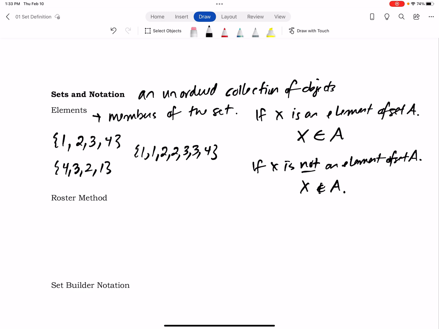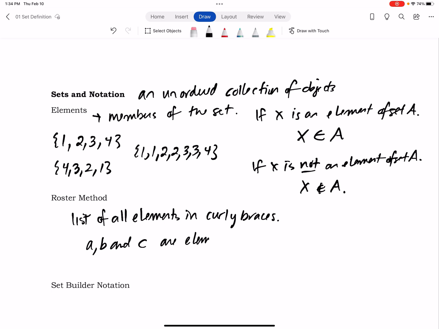So there are two ways to describe a set. One is a roster method, which is just a list of all the elements in curly braces. That's kind of what I showed you, those examples. So if A, B, and C are elements of set S, then we would say S is {A, B, C}.